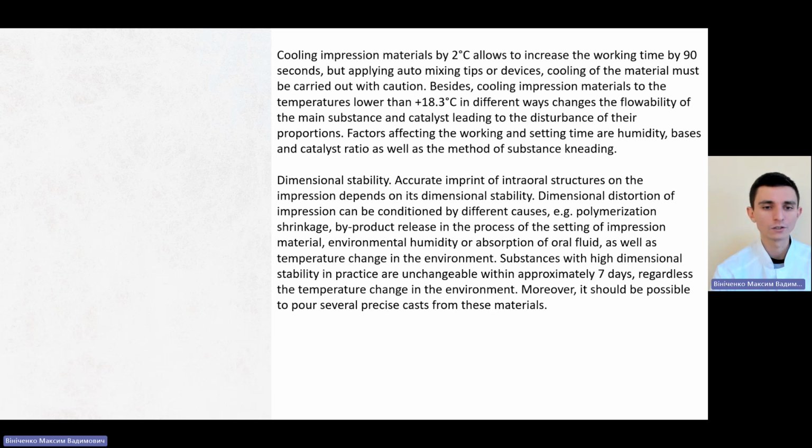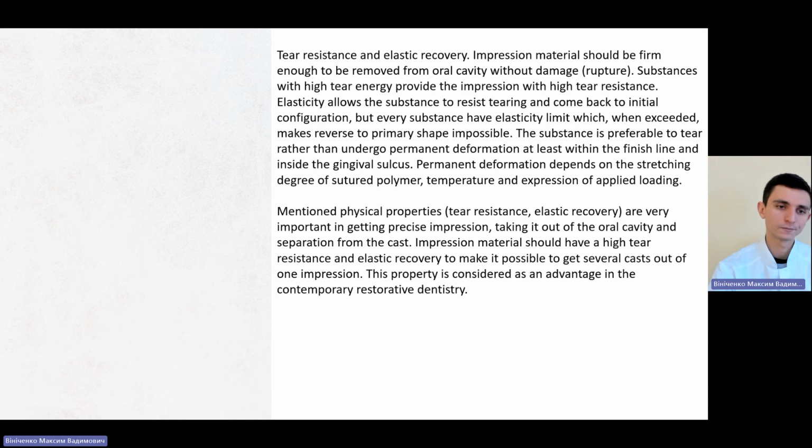Substances with high dimensional stability in practice are unchangeable within approximately 7 days, regardless of the temperature change in the environment. Moreover, it should be possible to pour several precise casts from these materials.